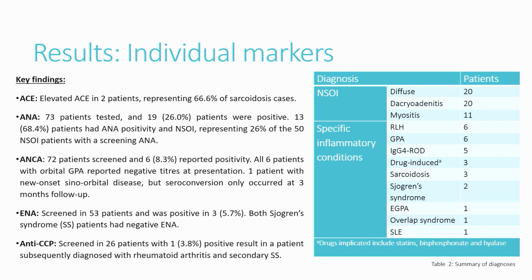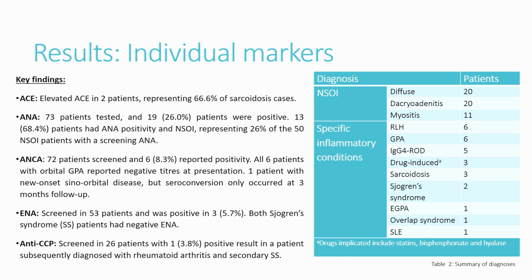Regarding the individual markers, 2 patients had an elevated ACE level, and this represented 2 out of 3 of the cases of sarcoidosis. 73 patients had an ANA, and 19 patients were positive. And of those with ANA positivity, 13 patients had NSOI, and this represented 26% of the 50 NSOI cases that were initially screened with an ANA. 72 patients were tested for ANCA, and 6 of them had ANCA positivity.